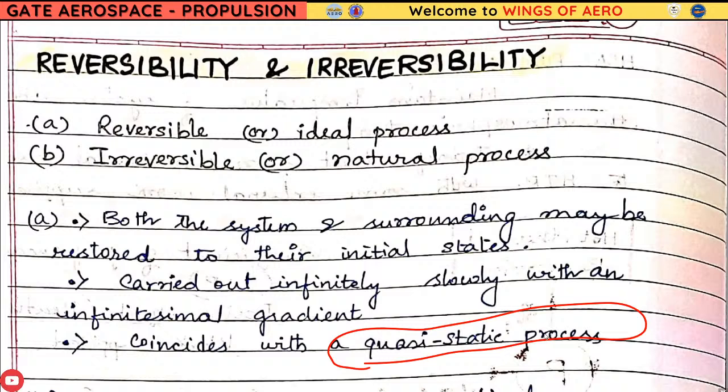Happening at a very constant and slow rate process. Exactly. Whatever the process, whether it's expansion or contraction, it has to be very slow and gradual. It should have the gradual phase. So that particular phase we call the quasi-static process.